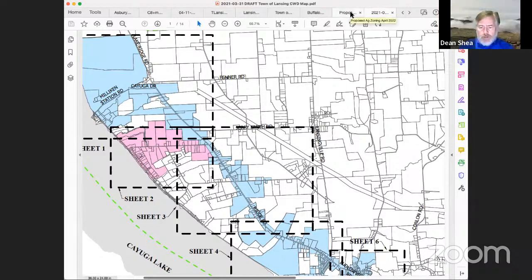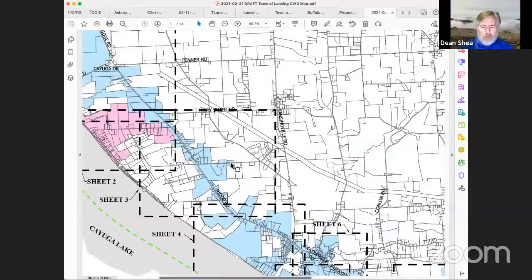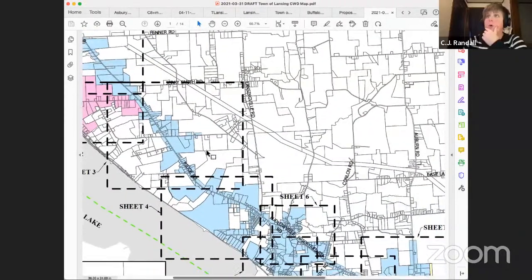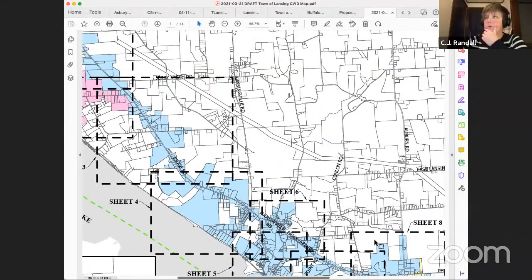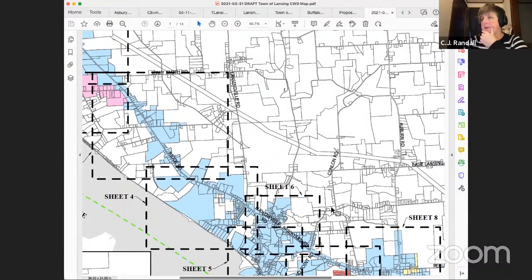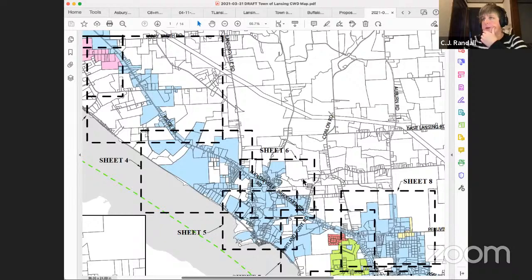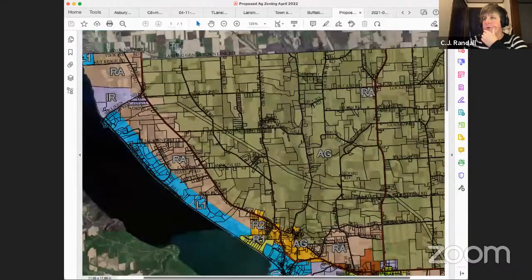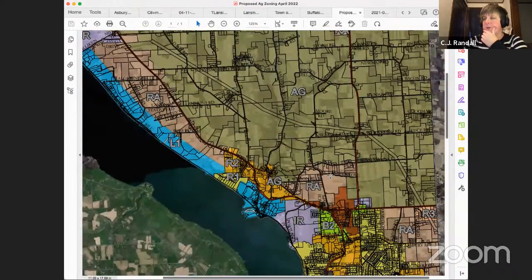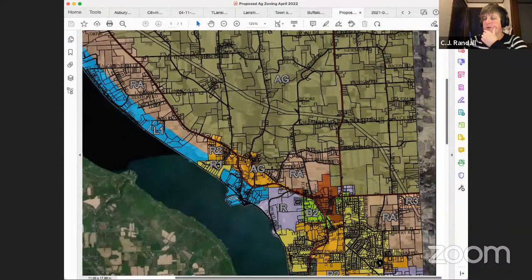Do we have a water district up 34A, Auburn Road? No. There is a proposal for this area here. I think the equivalent would be this area, which is currently R3.